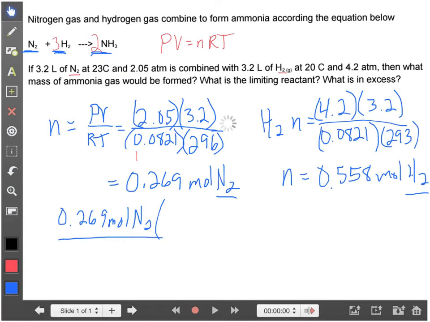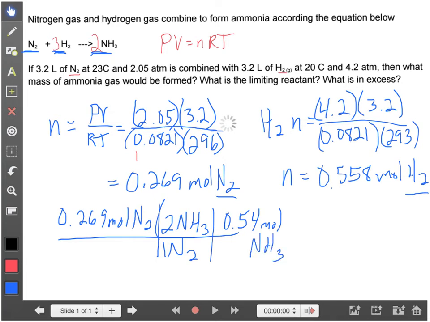Maybe I'll show it in dimensional analysis, which is the same as multiplying by my fraction. It is 1 N2 for every 2 NH3s. So I'm basically multiplying my answer by 2, which comes out to be approximately 0.54 moles of NH3.